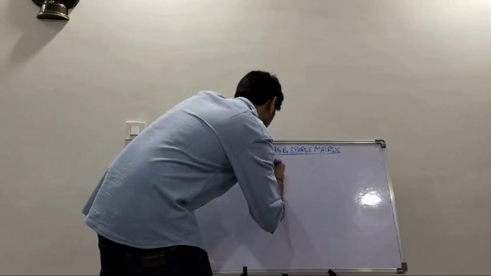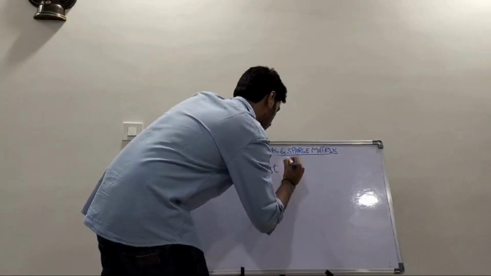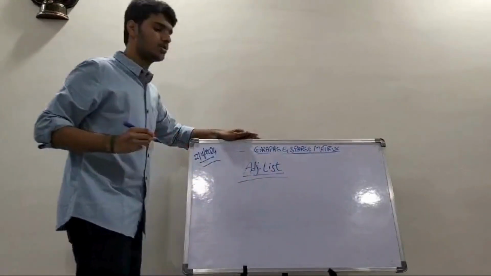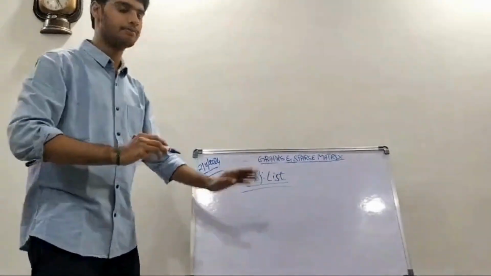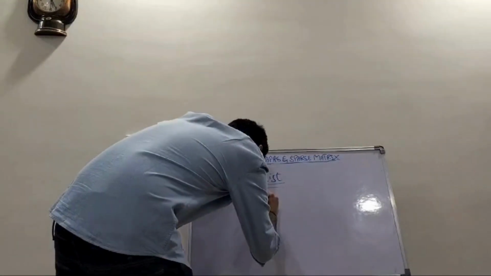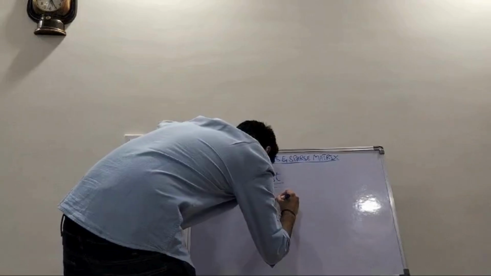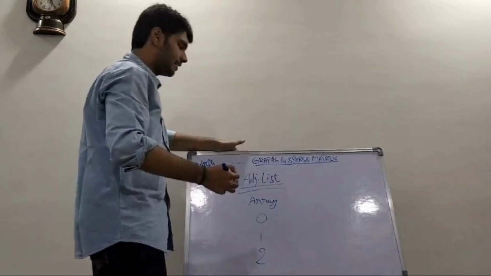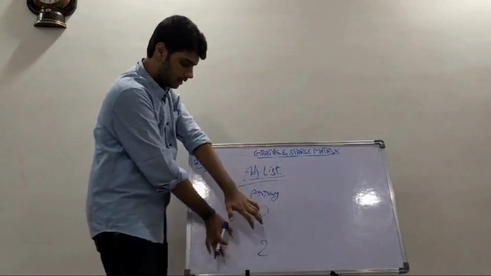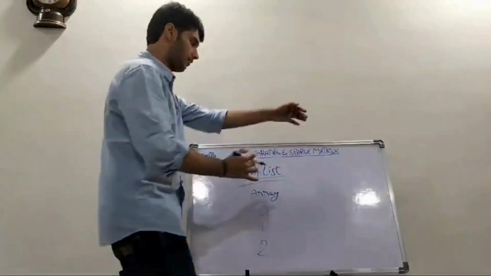Adjacency list. We represent the nodes as an array. So let the nodes be 0, 1, 2, and let this be the graph. Let this be a representation for the undirected graph first.